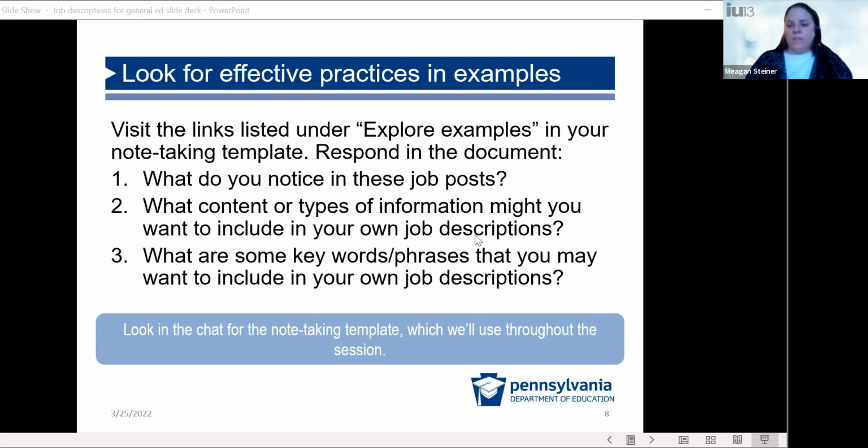Right now, everyone's taking several minutes to look at the list at the top of that document to look at some exemplars of job descriptions posted from schools in and outside of Pennsylvania that use some effective practices, and taking notes using that same document on what you notice in those job posts before we go into a list of some of the effective practices. We'll come together in another minute or so, and I'll ask for folks to respond.